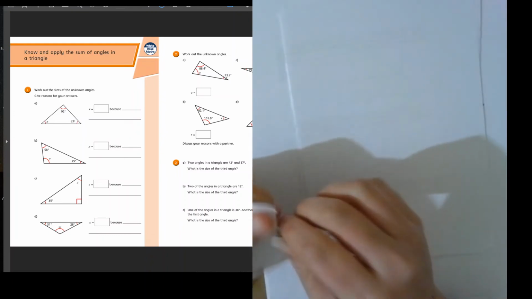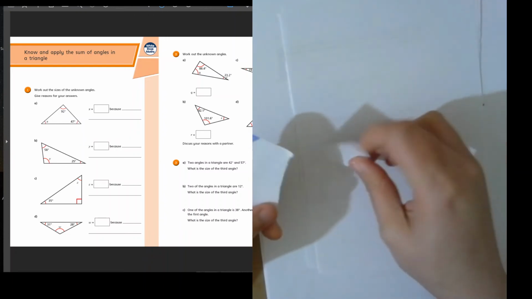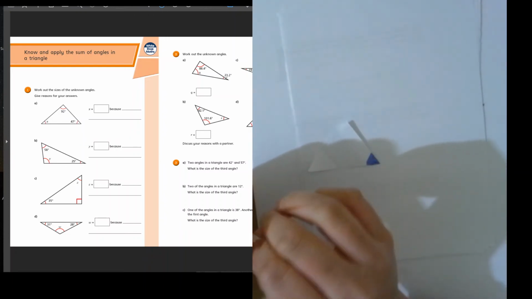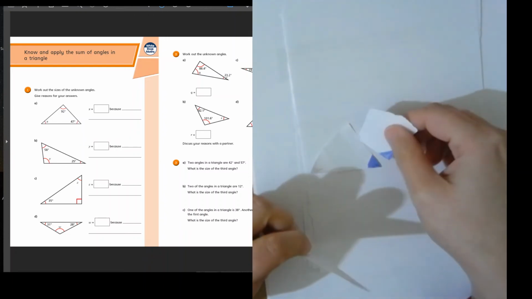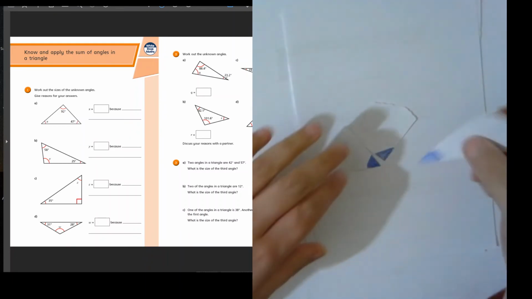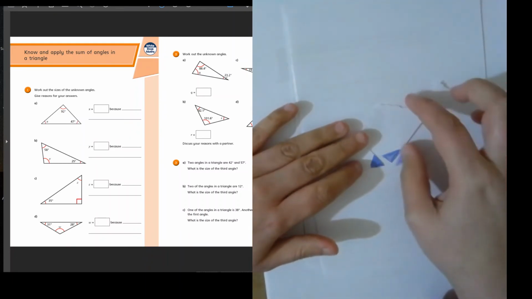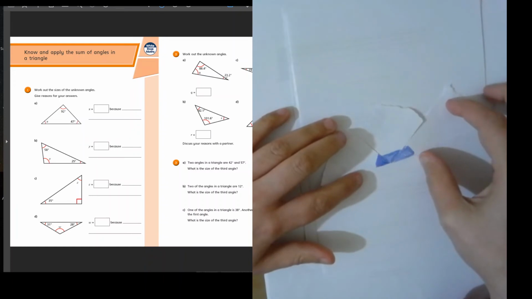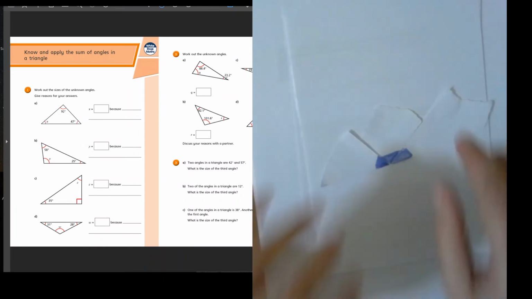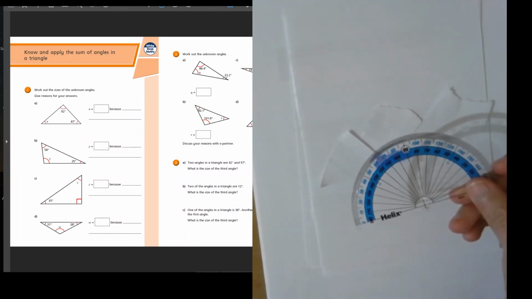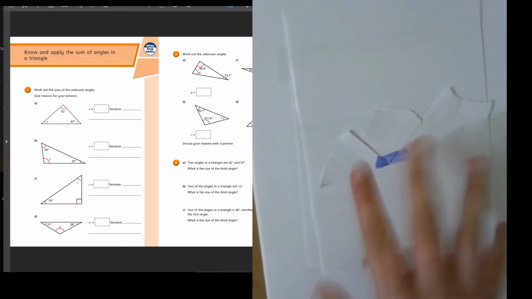So I am literally going to destroy my triangle. This is why I said you need to make sure it's scrap paper. All I need to do is pop those 3 angles together. And what do I notice about the angles in that triangle? What do you think they add up to? Big clue. Okay, so angles in a triangle do add up to 180 degrees.